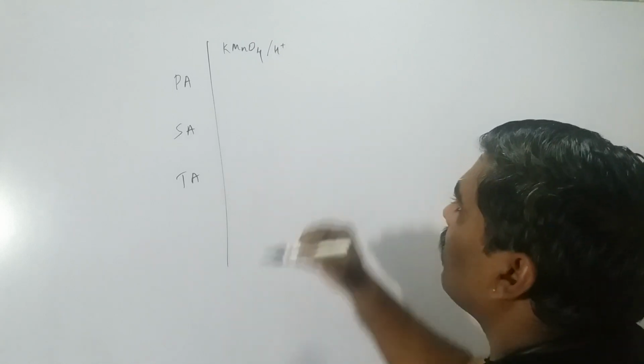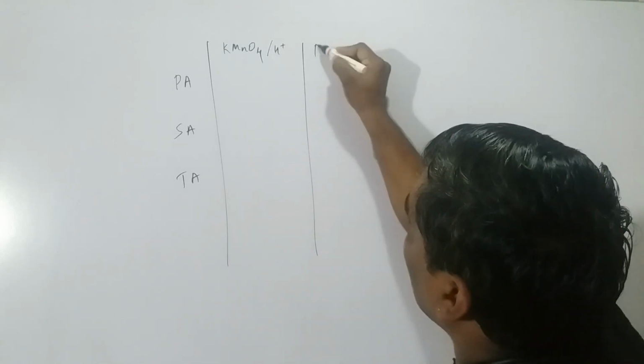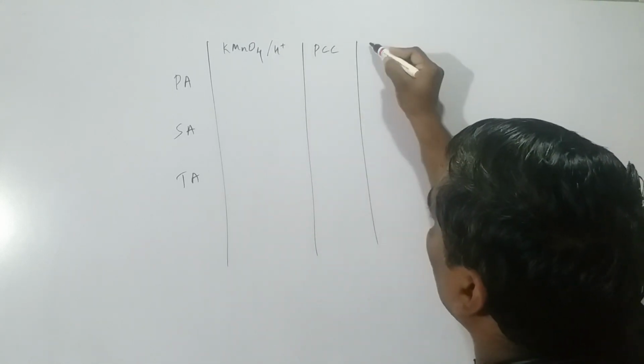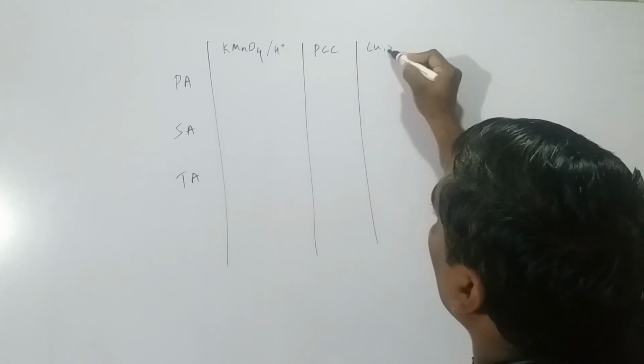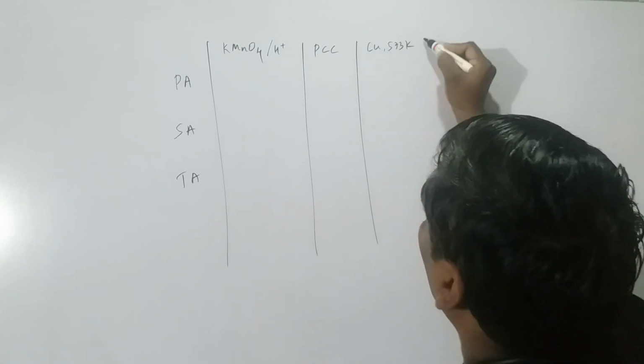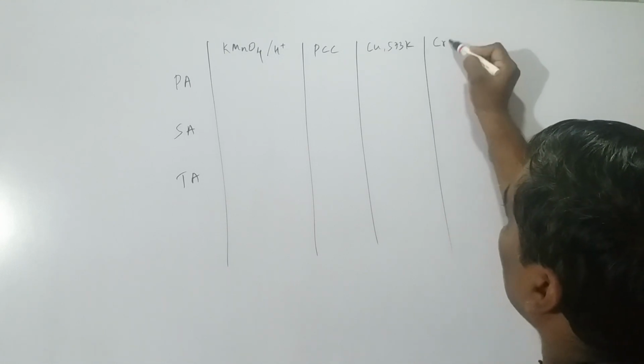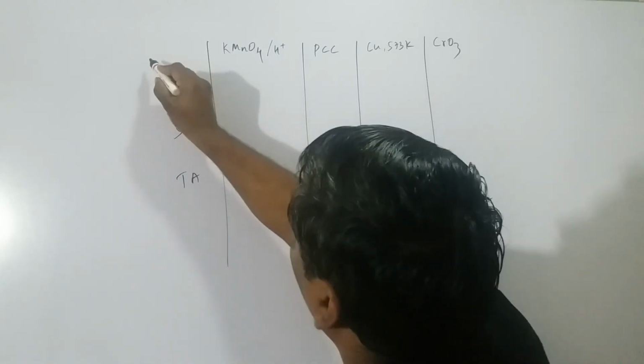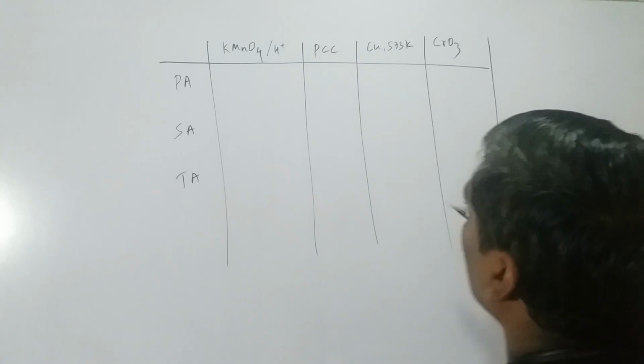Okay, acidified. The other is PCC. One more I'll write, copper at 573 Kelvin. And finally I'll write CrO3. Okay, see what happens.